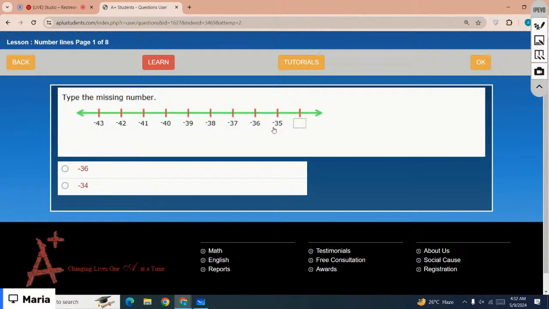Type the missing number. So which number is missing? The correct option is negative 36, right?